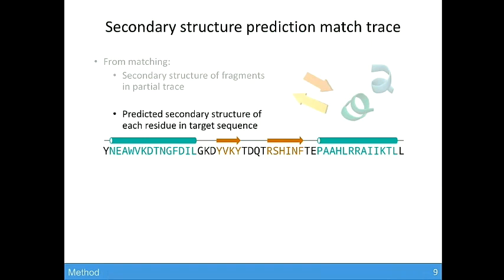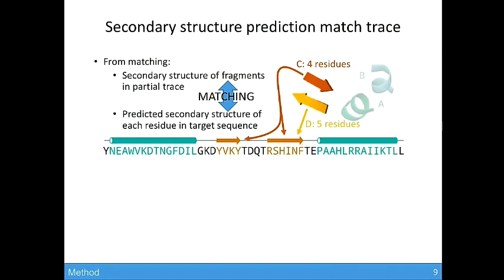Here we have an example of the N-terminal sequence. We may use, for example, PsiPred. We predict which residues should be alpha helices and beta strands. This was talked about yesterday. And in this case, we match the information from the beta strands to the hypotheses allowed by the secondary structure prediction in the sequence.